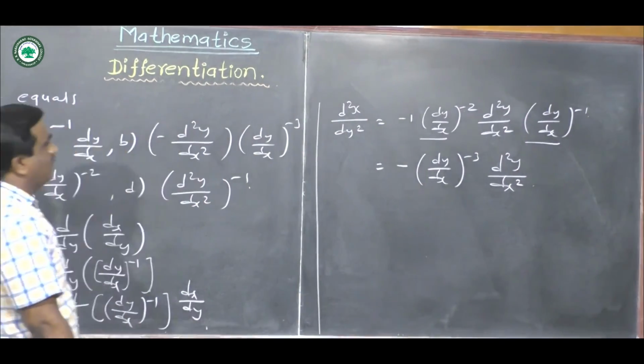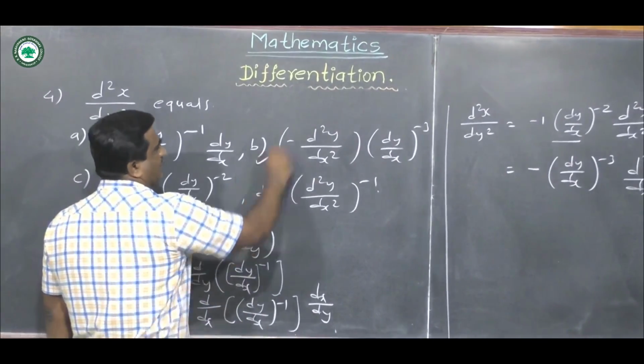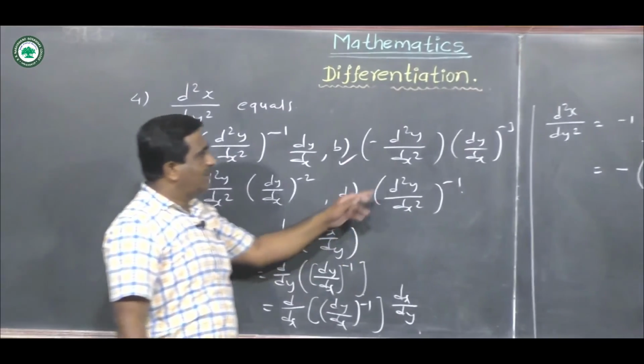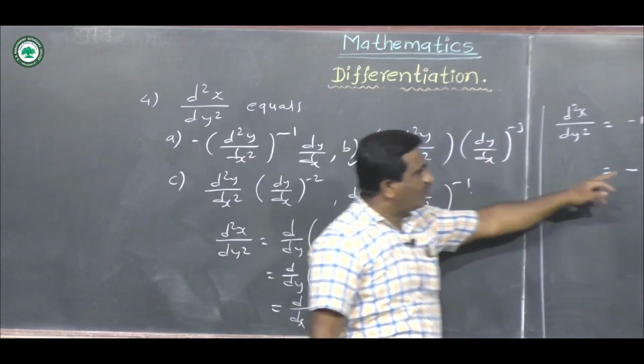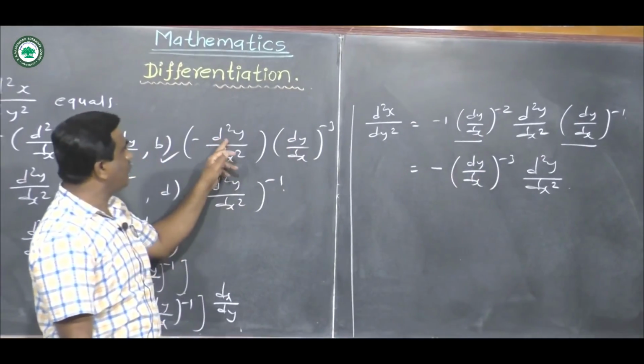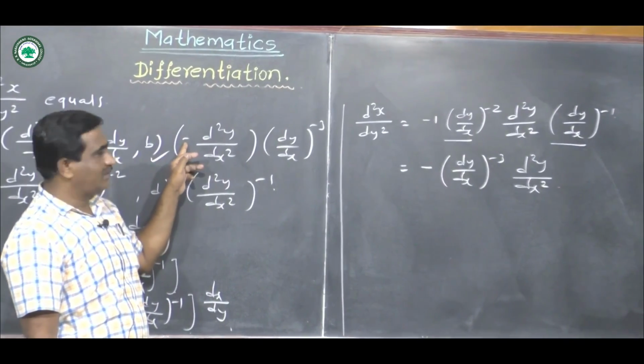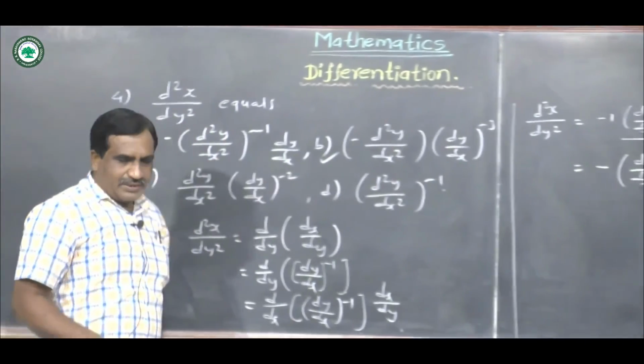That is, the correct answer is option number B, dy by dx bracket raised to minus 3 into d square y by dx square into minus. Okay, so we see the next example here.